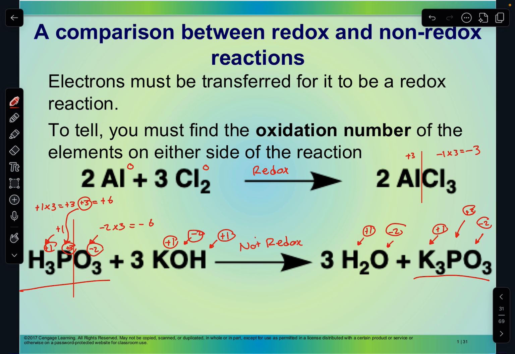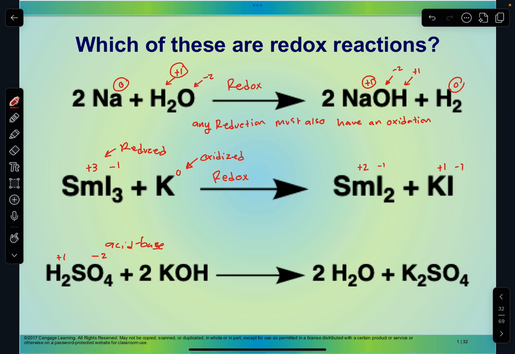Sulfur was a +6, my mistake. And so we have a +6 over here. Sulfur stays as a +6 on that side. Oxygen is a -2. Oxygen is a -2. Hydrogen is a +1. Hydrogen is a +1. Potassium is a +1. Oxygen is a -2. There's no change. It is not a redox reaction. Okay.